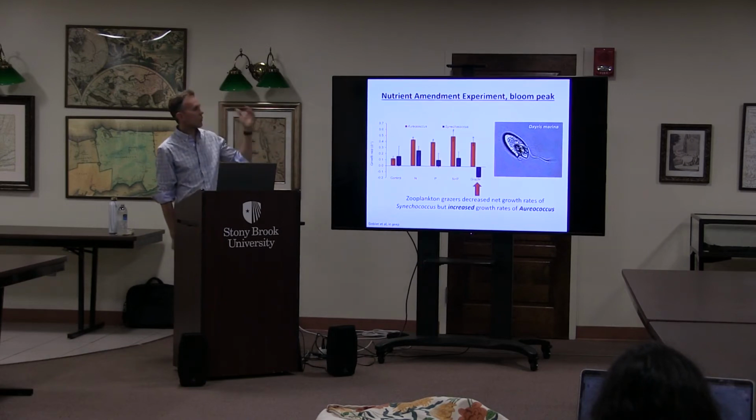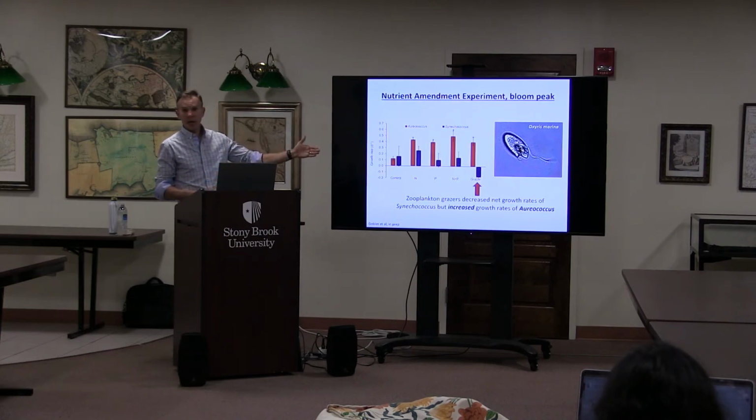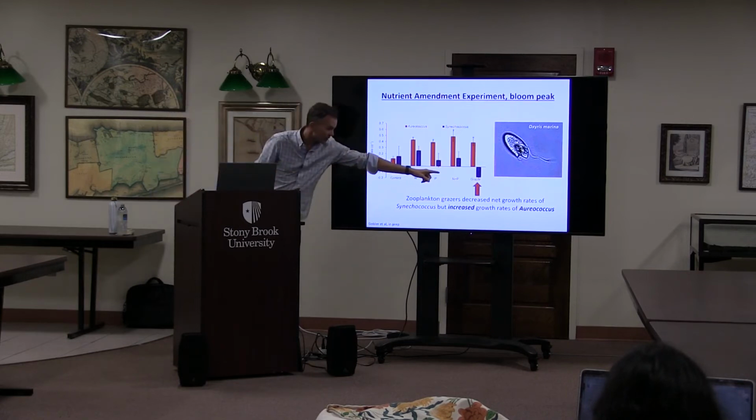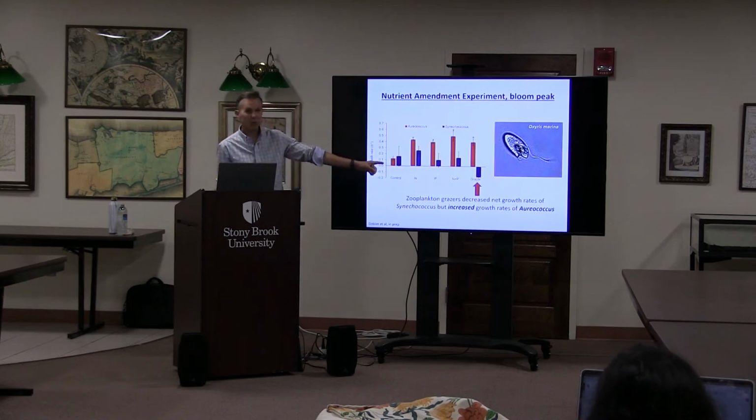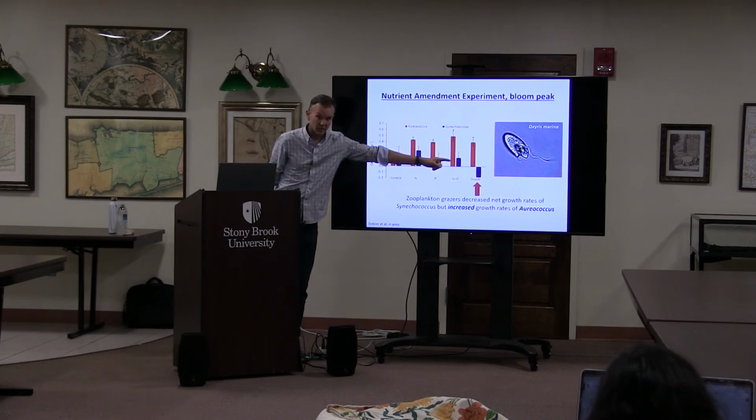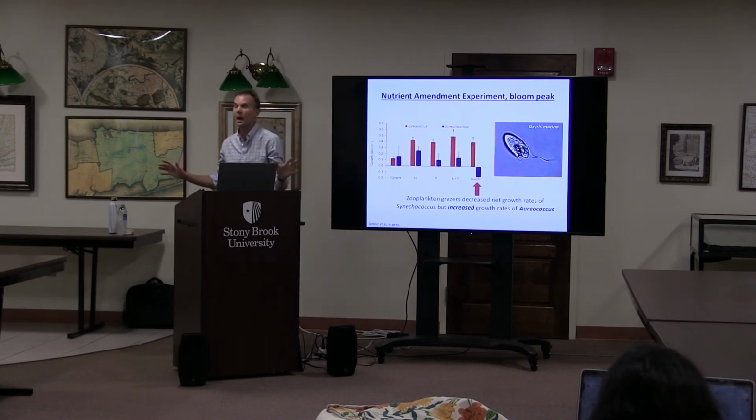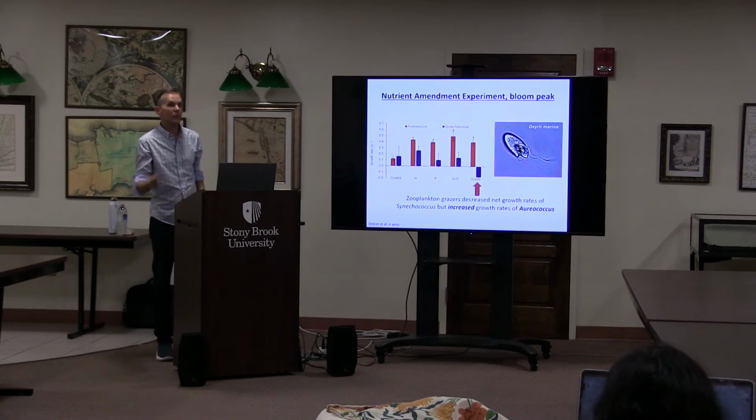And so what you can see is, when we added the grazer, what we'd expect is that the growth rates of everything would go down, because the grazer's just going to feed on everything there. But actually what we found is that it went after that Synechococcus cell very, very well. And you can see that's a negative growth rate, that means it's dying, exactly what you expect. But curiously, compared to the control, where we added nothing, the brown tide was actually growing faster. So not only was it not being eaten, it grew faster in the presence of this predator.